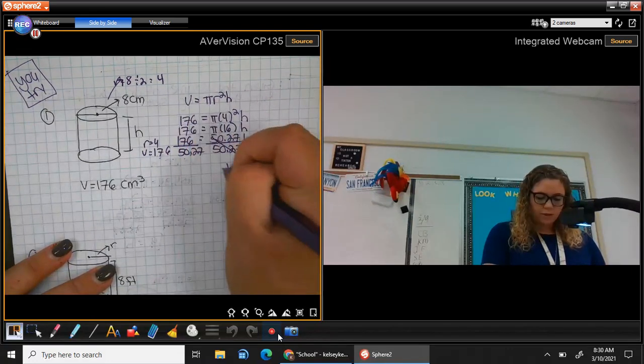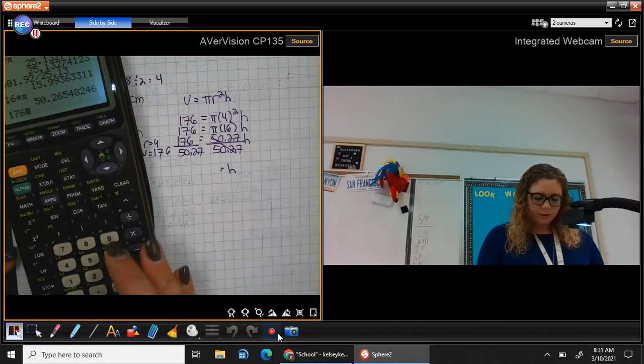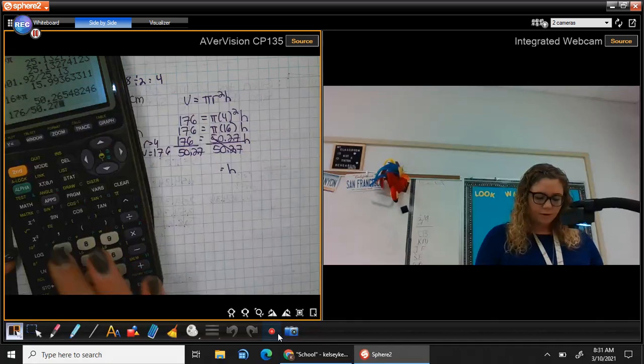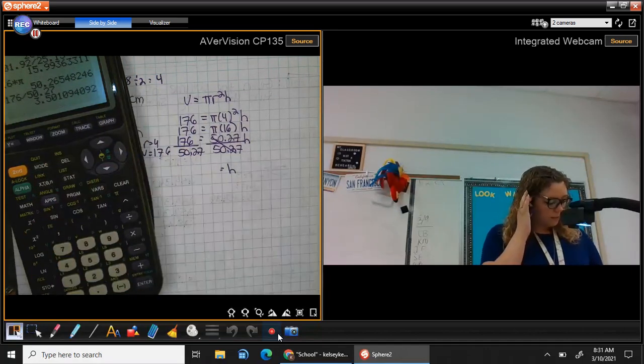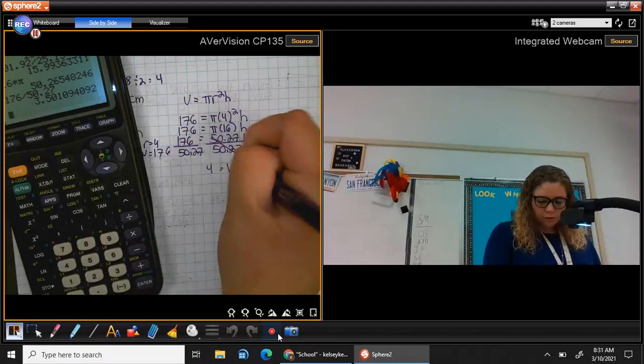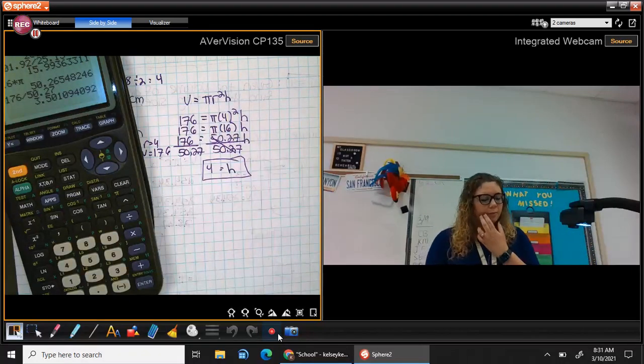So h equals 176 divided by 50.27, which is going to give me 3.5. And if I round, it's going to be 4. And that's how high it is.